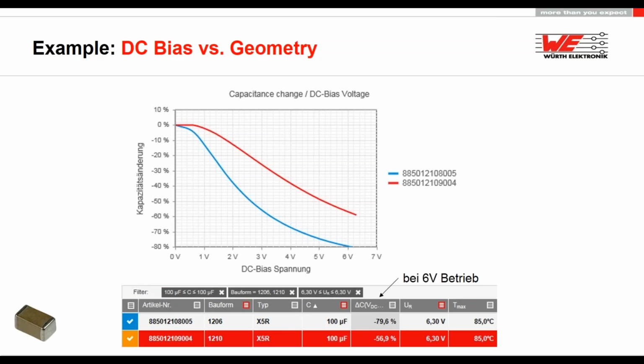Only the size is different, and as you can see in the curves, the capacitance change is very strong against the voltage. If we go to the rated voltage or very close to it, this effect can be stronger than 50 or 60%, even up to 90%.